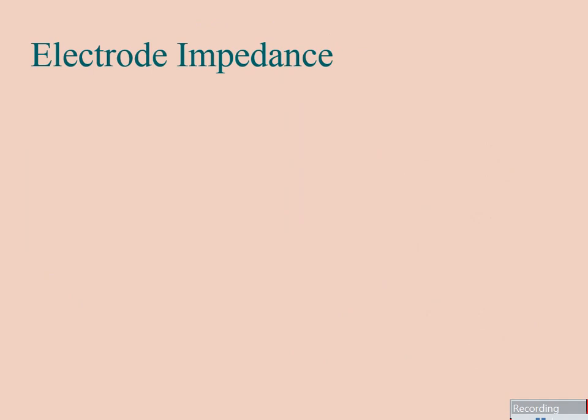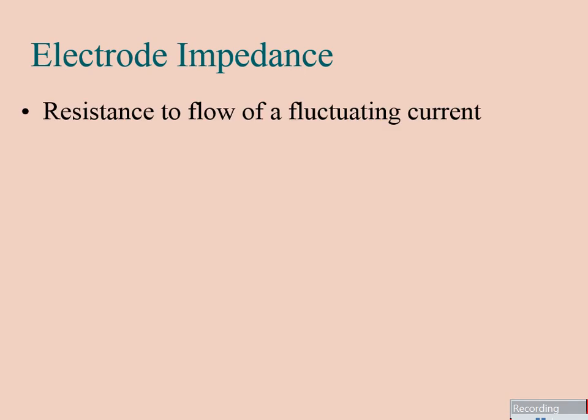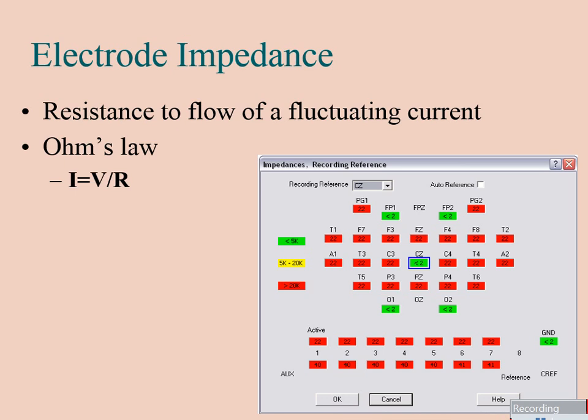Now, when we're looking at these electrodes, the impedance of the electrode is an important consideration. So impedance is the resistance to flow of electrical currents. And it's mediated by Ohm's law, which says that the impedance is the voltage divided by the current. And with modern equipment, we can measure what the impedance of the electrode is.